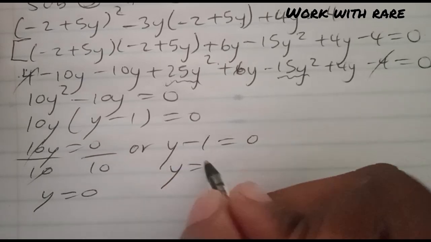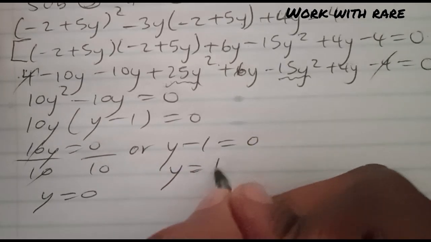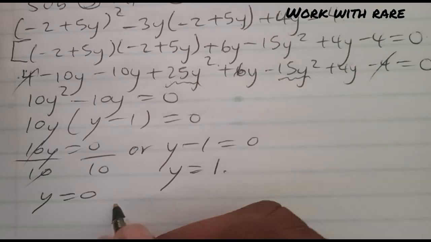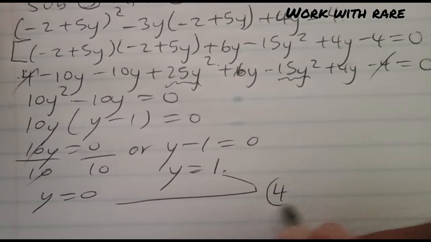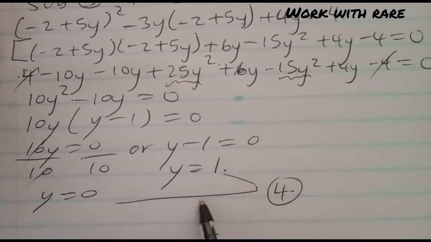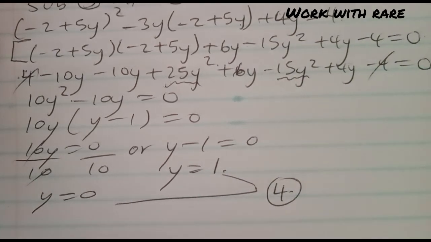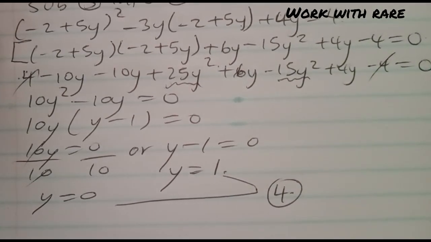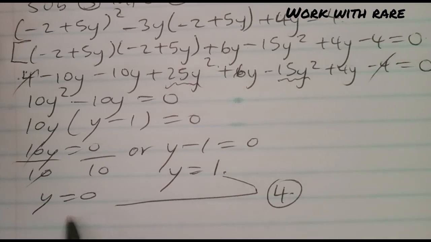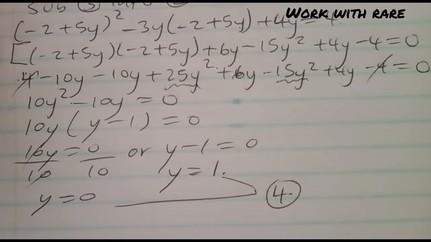When you take 1 to the opposite side, you will add, so our y is equals to 1. So this is our equation number 4. You don't have to write this line, but I was showing you because in our next calculation, we'll use these two values. We don't have to choose.